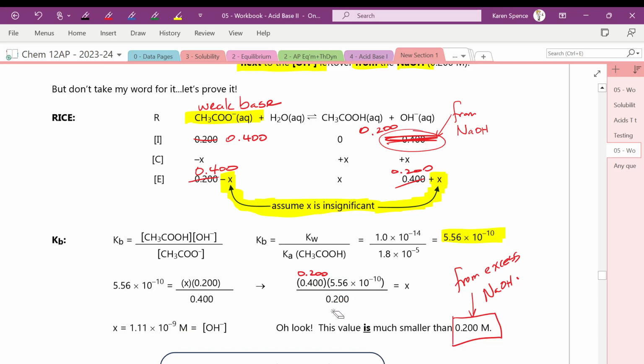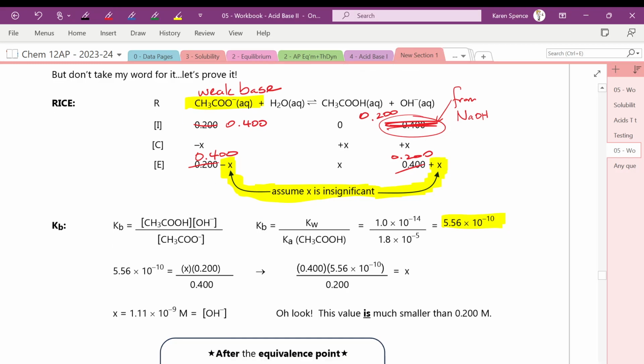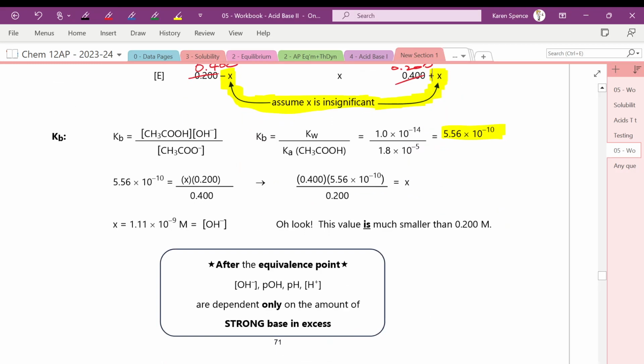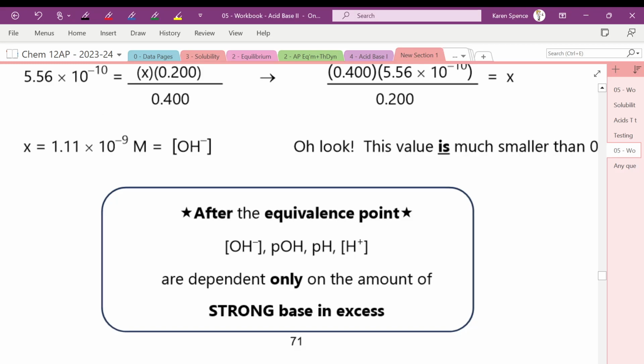So we'll go back to that original thing, because I was correcting something where I'd made the mistake somewhere else. Is that good now? Okay, I am going to make a new copy of this page for you so you can replace it. All right, so that's page 71. Now, the key thing is that after the equivalence point, the hydroxide or the pOH or the pH, whatever it is you are finding, will be dependent only on the amount of strong base in excess. Is that good? All right.